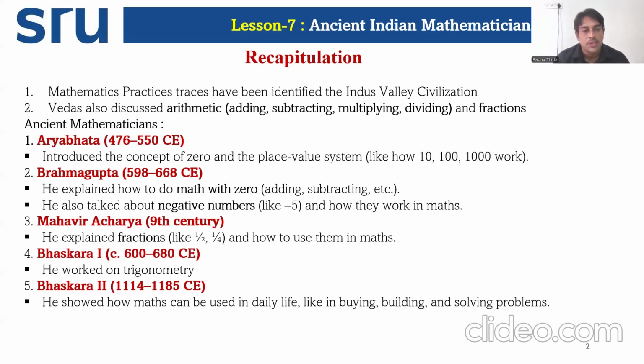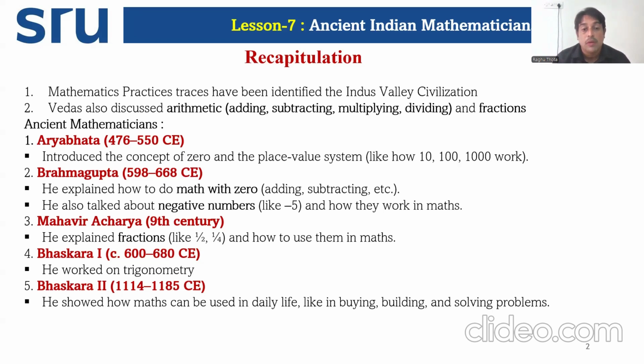He also introduced negative numbers such as -1, -2. Another one, Mahavira Acharya, who belongs to the 9th century, explained fractions such as 1 by 2, 1 by 3, 1 by 4, and how to use them in mathematics. Bhaskara 1 worked on trigonometry.